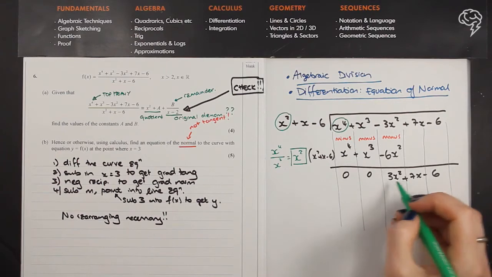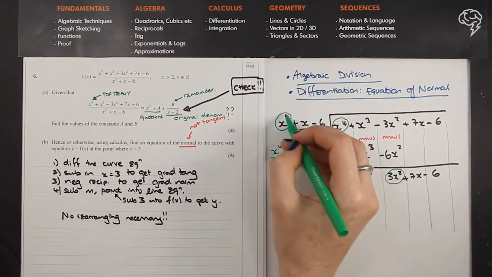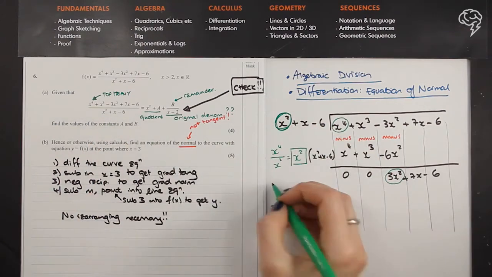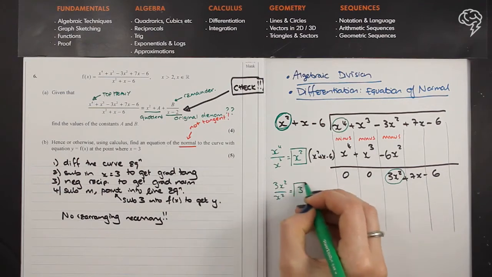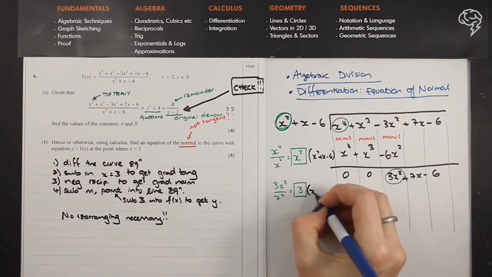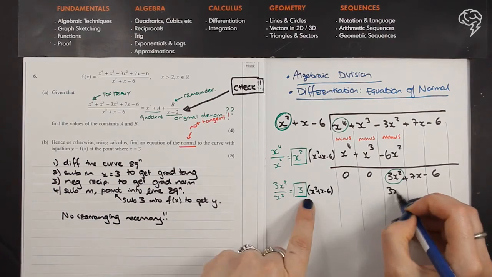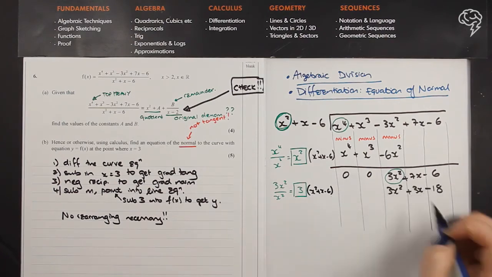So what is the biggest thing left in our numerator? 3x squared. So we divide that by the biggest thing in our denominator, which is always x squared, and we get 3x squared over x squared, we get 3, and that's the next part of our quotient. We multiply that out by the denominator, giving us 3x squared plus 3x minus 18.